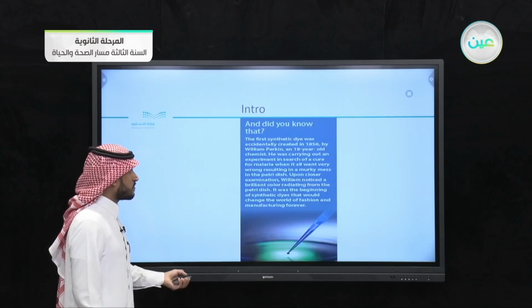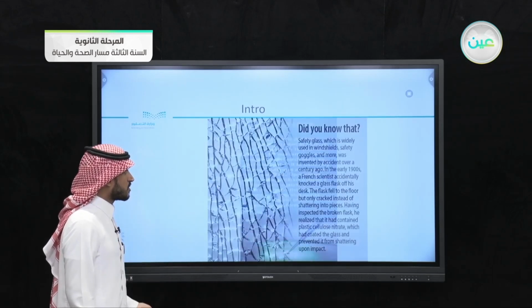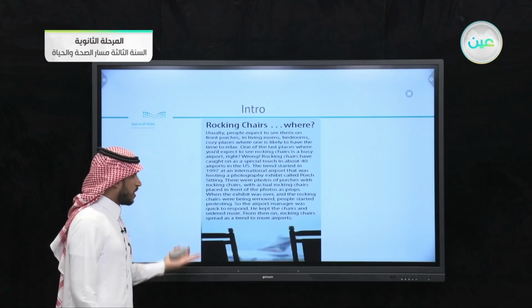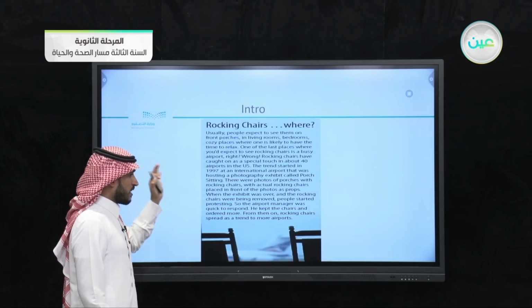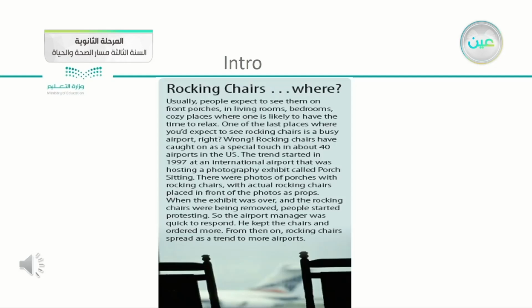And we have all these stories and paragraphs, so I want you to pick the perfect category for each one of these paragraphs. Now we are going ahead to listen to the first one, which is rocking chairs, Intro Unit, pages 2 and 3.